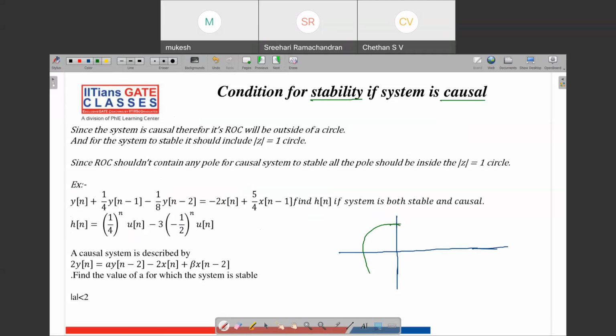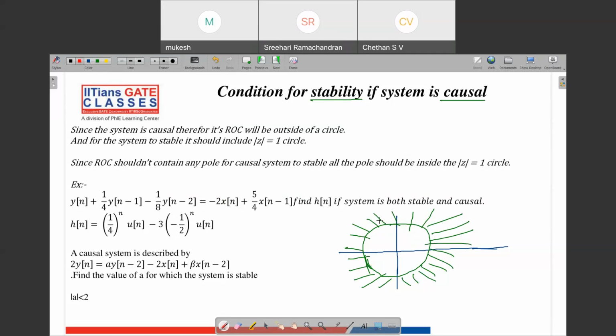You draw a circle and the ROC will be outside this. The ROC will always be in this form for a causal system. Now let's say this is causal and we want to know the criteria for stability.